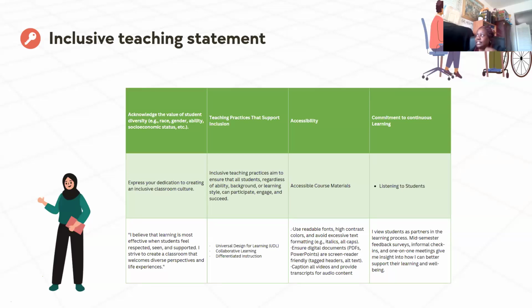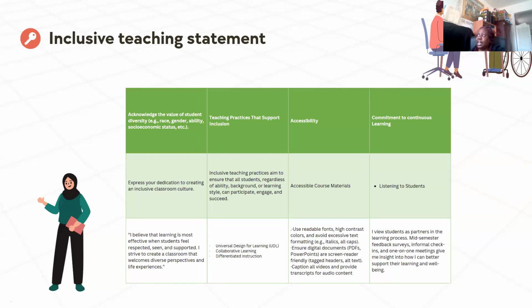You acknowledge their race, the same as Laura said, the gender, ability, and then you express your dedication to creating an inclusive classroom culture. One of the examples I always say: I believe that learning is most effective when students feel respected, seen and supported. I strive to create a classroom that welcomes diverse perspectives and lives.